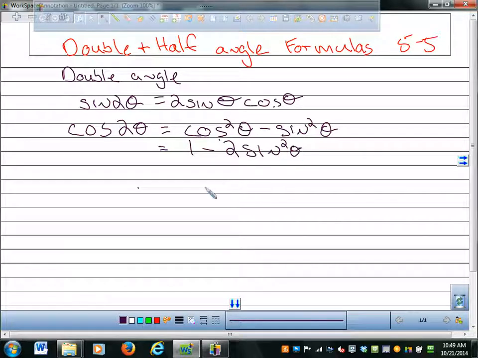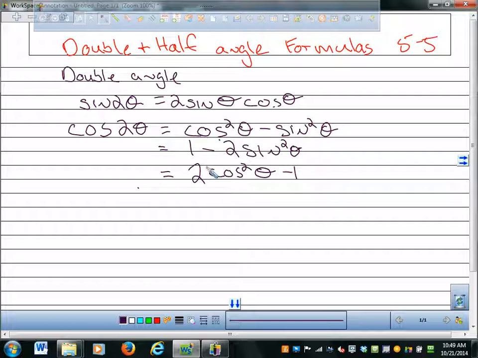So that's another form of the double angle formula for cosine. And the other form of it is 2 cosine squared theta minus 1.